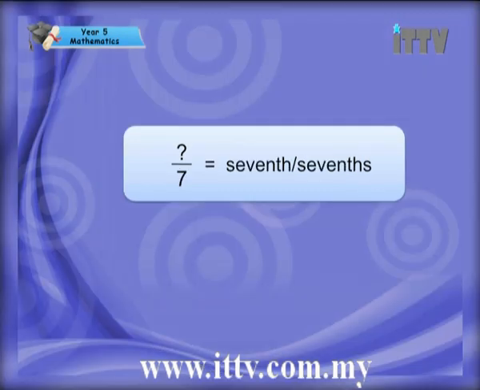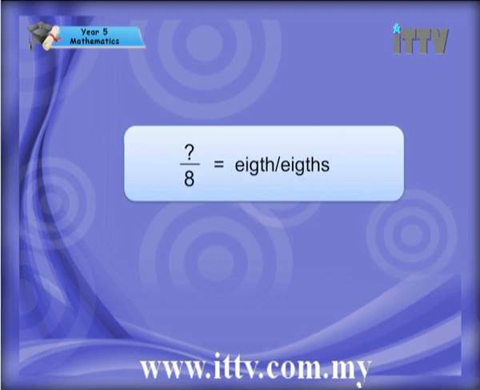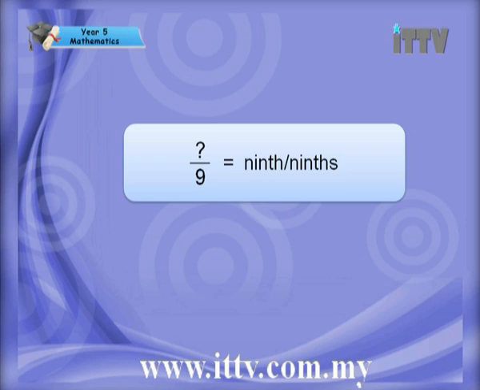What about 7? If there are 7 pieces, each one is called a seventh. The more there are, sevenths. And if there are 8 pieces, each piece will be called an eighth. If there are more pieces, eighths. And if there are 9 pieces that make up a whole, you call it a ninth.